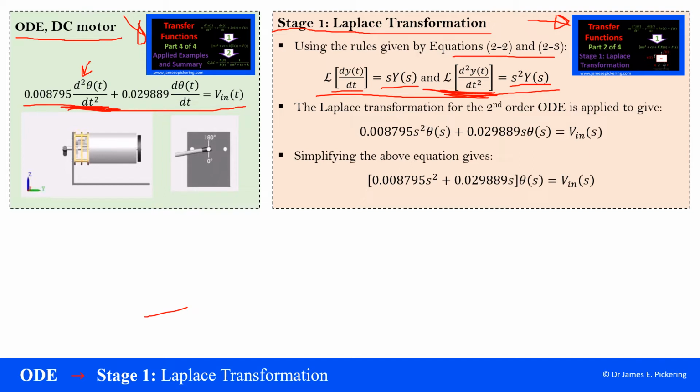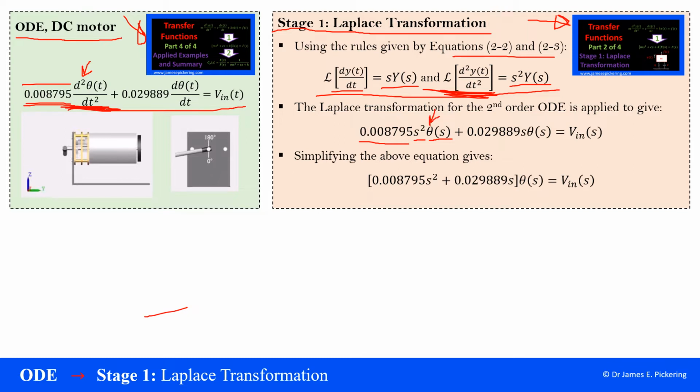So d squared over dt squared becomes s squared. This coefficient in front obviously remains, and then we've got theta of t, which becomes theta of s. I've just decided to keep the notation of theta, that's fine.